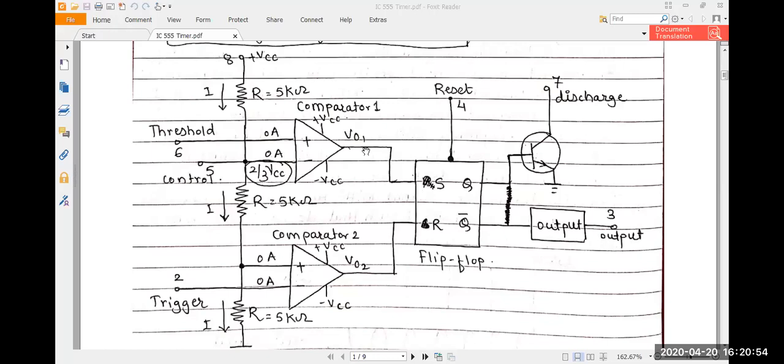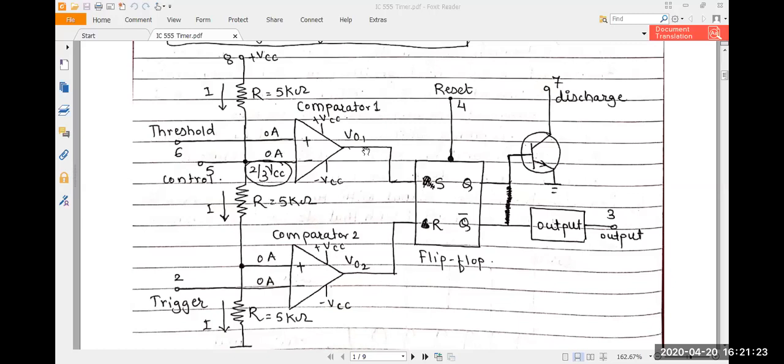Anyways, we'll continue. There are three 5K resistors in the IC, and that is the reason why it is called the 555 timer IC. There is also one advanced IC available, which is IC 556, the advanced version of this IC 555 timer. But it doesn't mean that it has 5K, 5K, and 6K resistors.